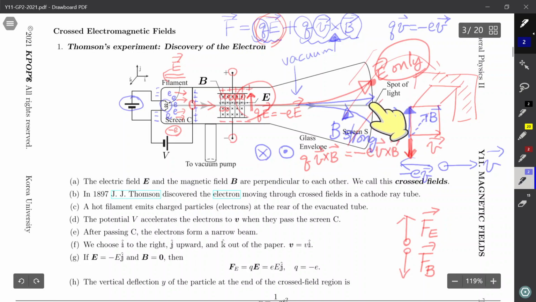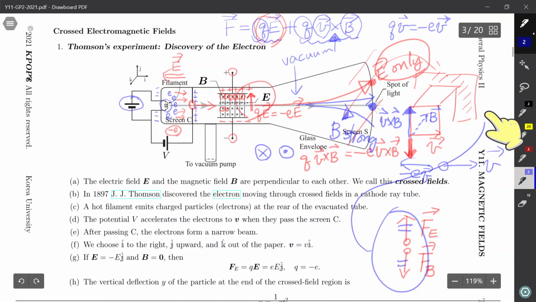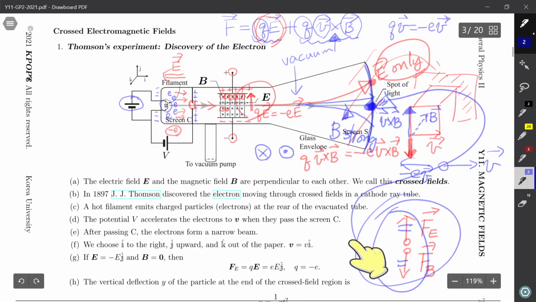At some point, electric force and magnetic force cancel to make an equilibrium. And finally, on this screen, the electron arrives at the horizontal center axis point when the two forces cancel.